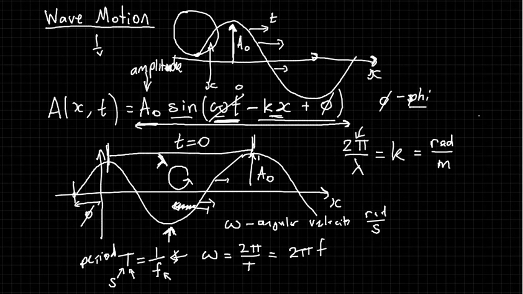And frequency is in units per second. So this tells us how many seconds it takes for one wavelength to pass, and this tells us in 1 second how many wavelengths pass. And so that's the difference. This is per wavelength, this is per second.